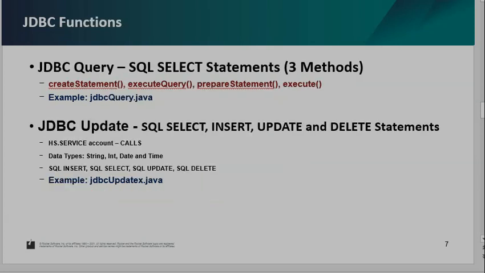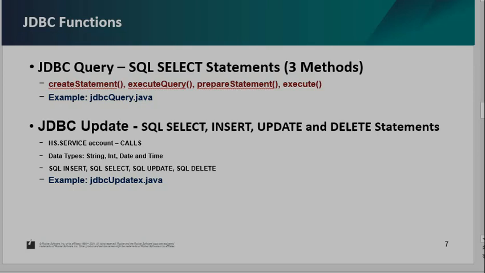The next is the major function for customer use. I provide two very useful Java JDBC programs. First one is called JDBC query.java. It provides all the different ways to query your data, your table.